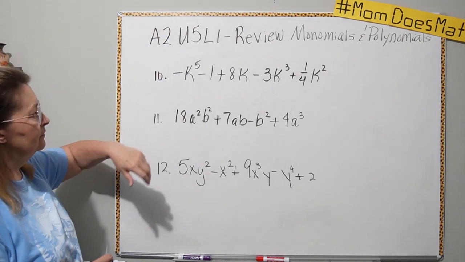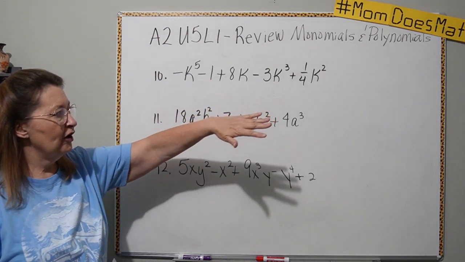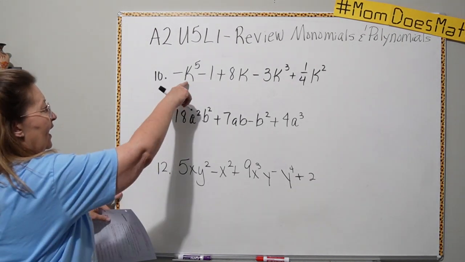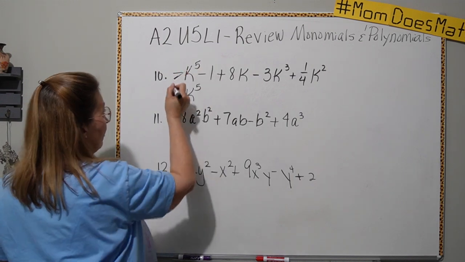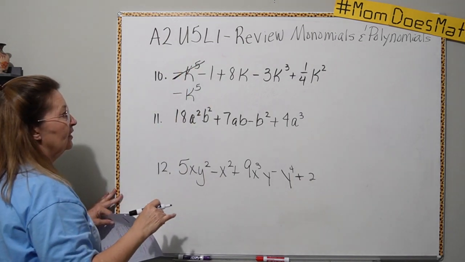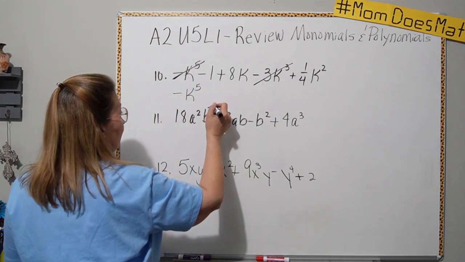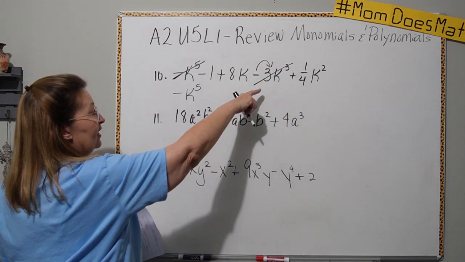Okay, let's start with number 10. So I only have one variable in there, so let's go for the highest exponent. The highest exponent that I have is the negative k to the 5th, and I'm going to cross them off as I get them down. All right, my next exponent is this minus k to the 3rd. Now remember, a sign always belongs to the number that comes after it.